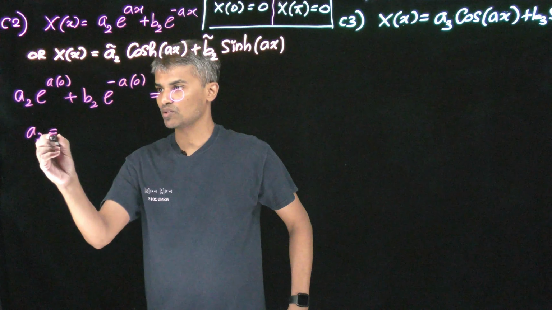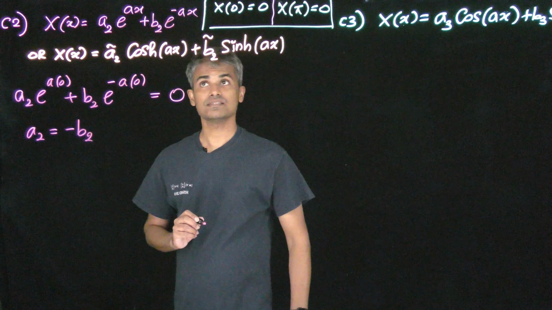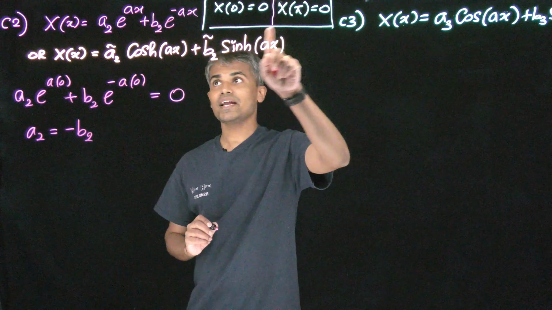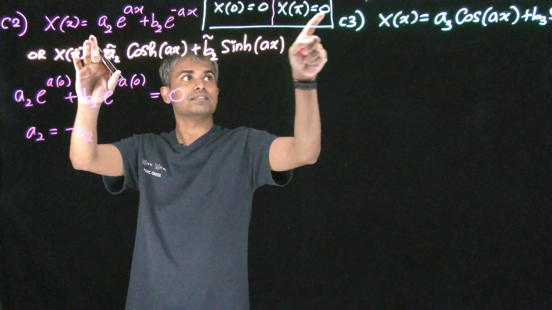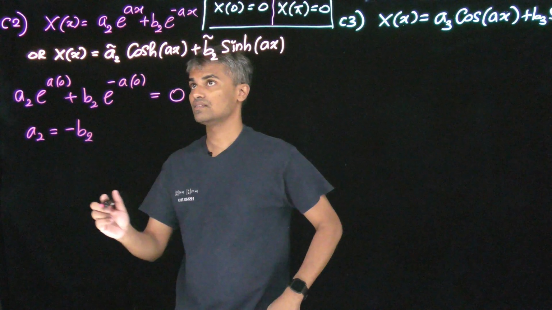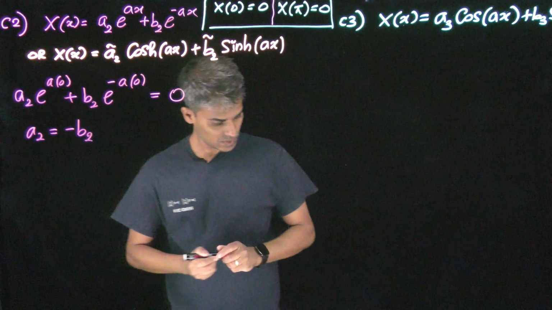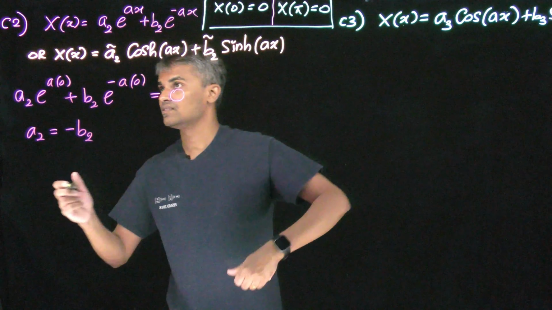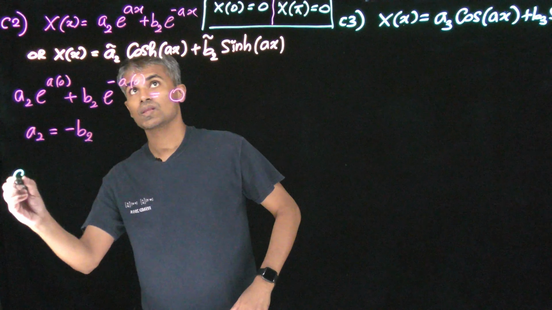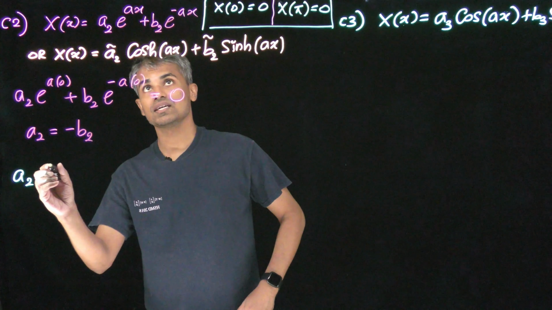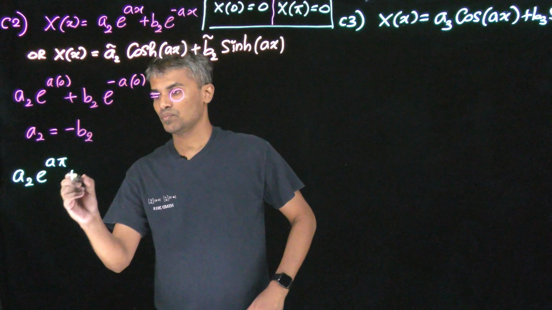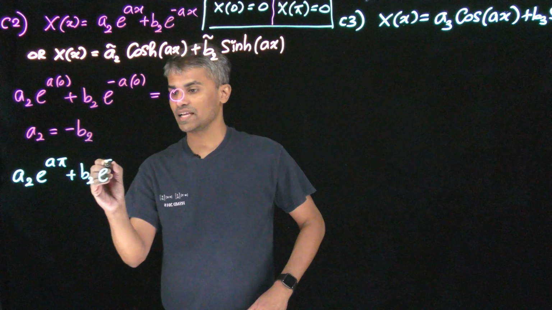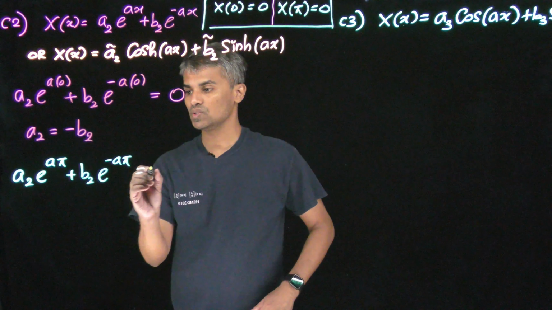Okay. Next we are going to use the second boundary condition, and if you evaluate this equation at x equals pi, then it should be 0 as well. So now we get a2 e to the a pi plus b2 e to the negative a pi equals 0.